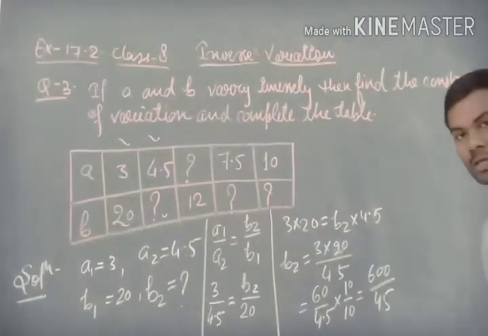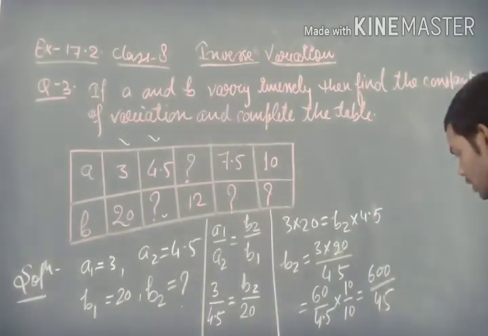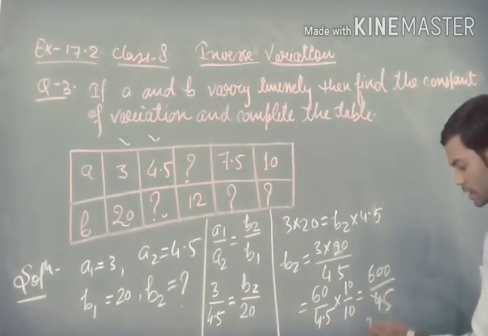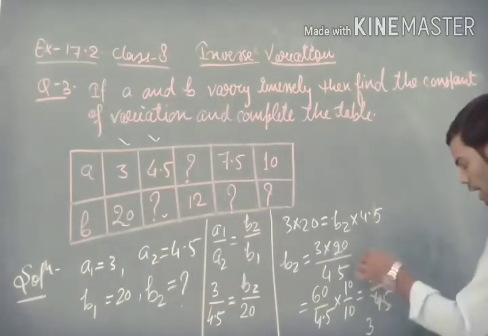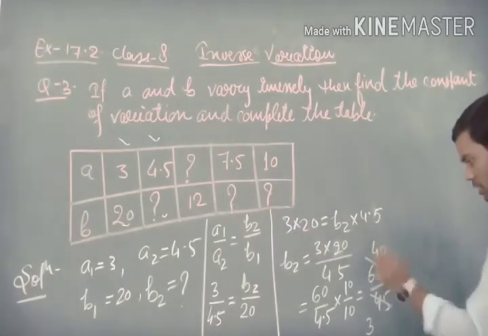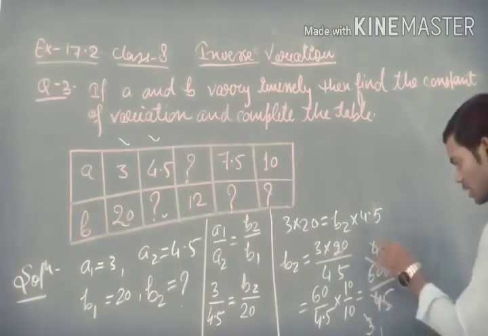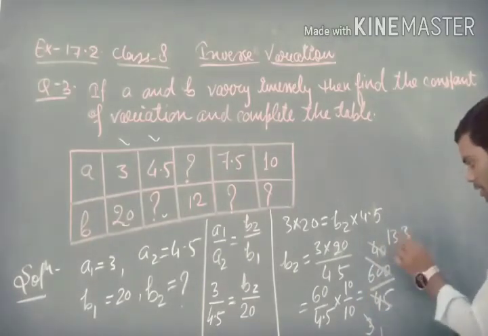When we solve it, 15 3s are 45 and 15 4s are 60, and then 3 ones are 3, 13.3.